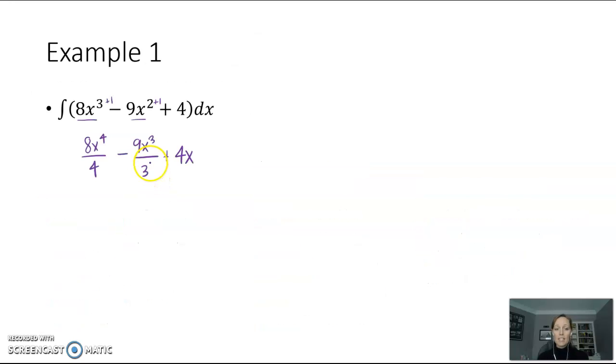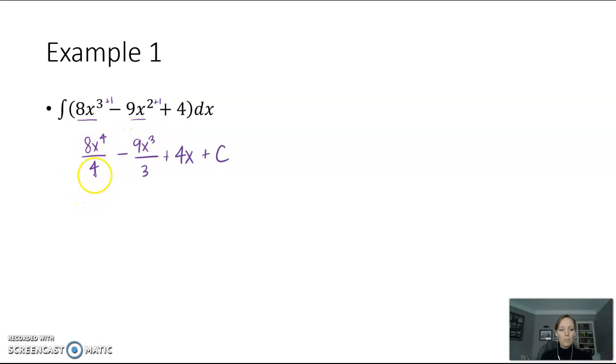And that's because, think about when you're deriving, you can have any constant at the end of a derivative and it's always going to go out to 0. And so if you have an antiderivative, you have to remember that there could be any number at the end of that antiderivative that would still be the correct antiderivative for that function.